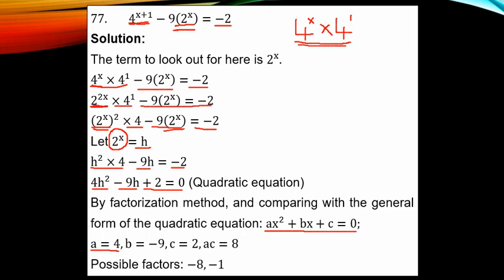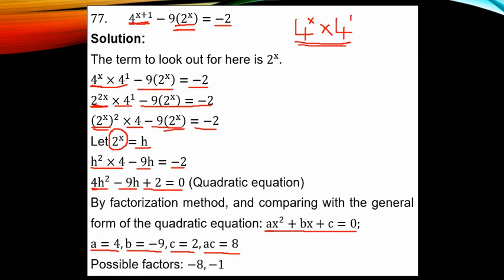You can see the way a is attached to x squared, that is why 4 is attached to h squared. So a is 4, then b is minus 9, and c is 2. By the method of factorization, when a is not equal to 1, you have to get ac. So ac means a times c, that is 4 times 2, and that is 8.